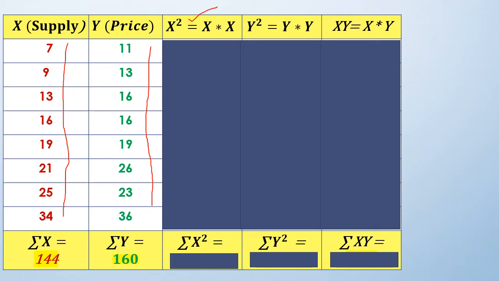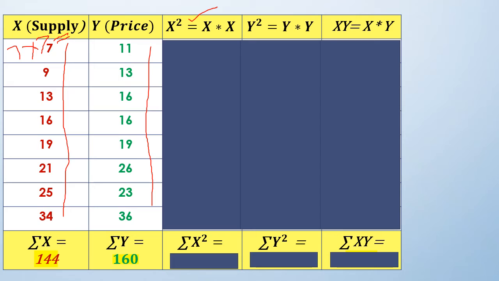How do we calculate x square? x square is equal to x into x. It means 7 into 7, very simply. You know how to calculate x square: take the number given in the example and multiply it by itself.